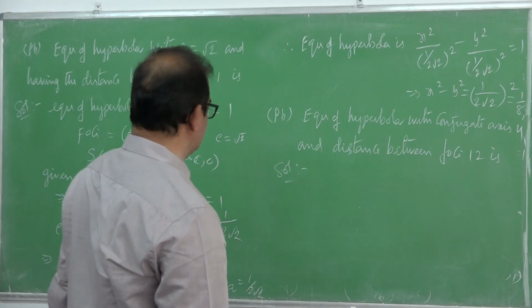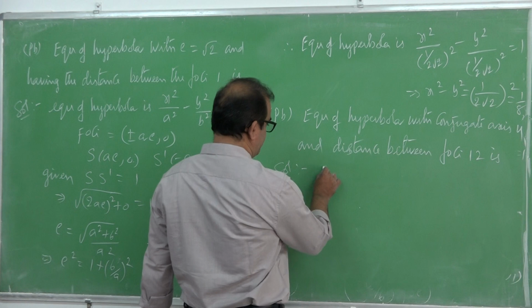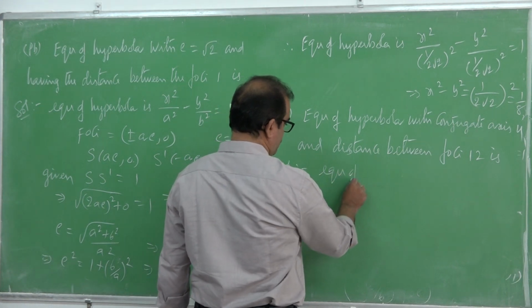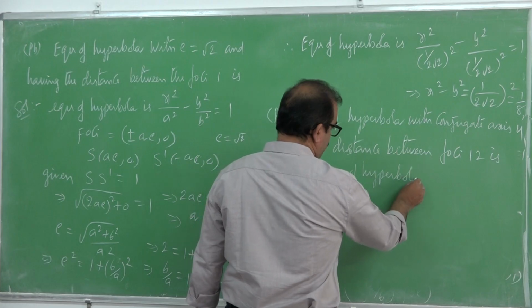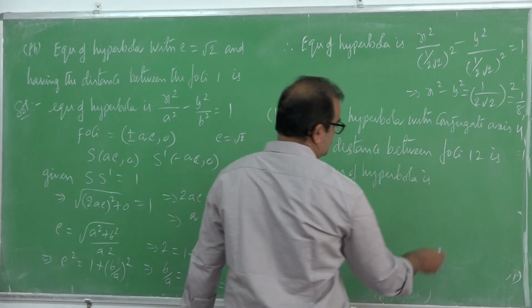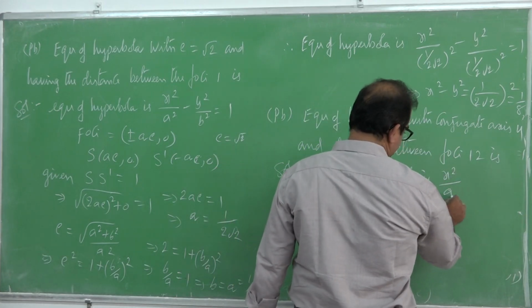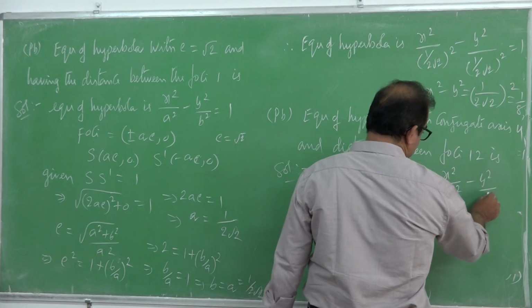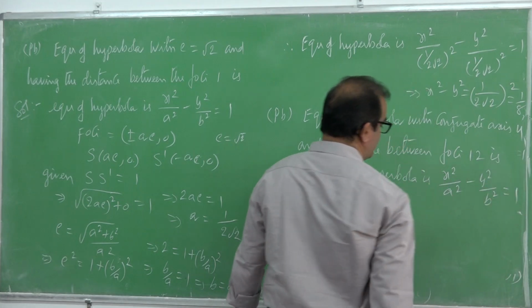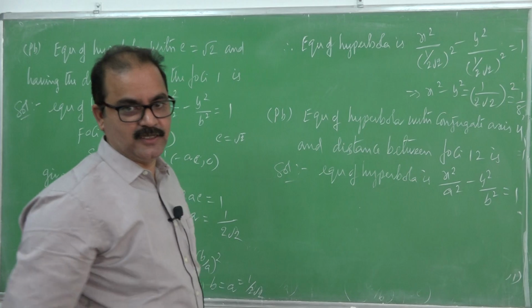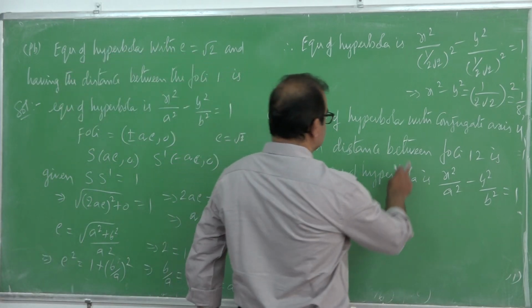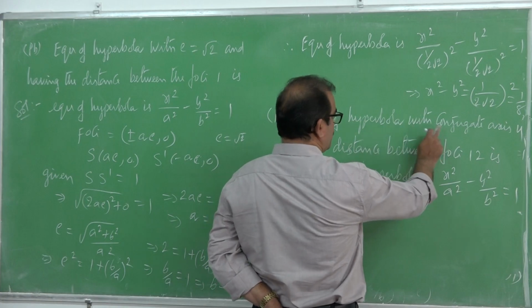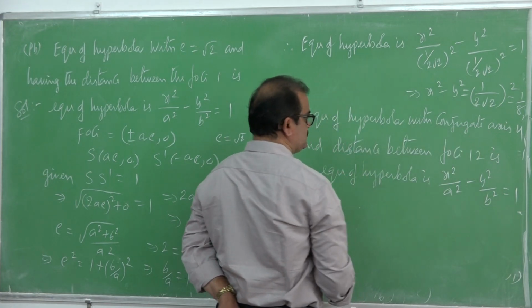Okay, what is the equation of hyperbola in standard form? Equation of hyperbola is x square by a square minus y square by b square is equal to 1. If you find the values of a and b, then the problem is completed. What is given here? Hyperbola with conjugate axis is 4.